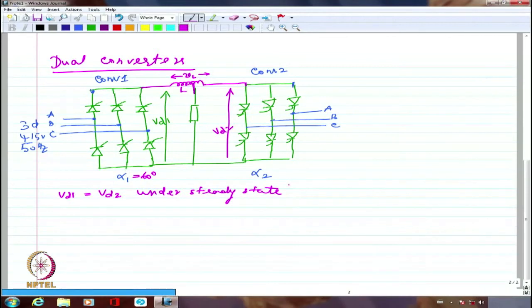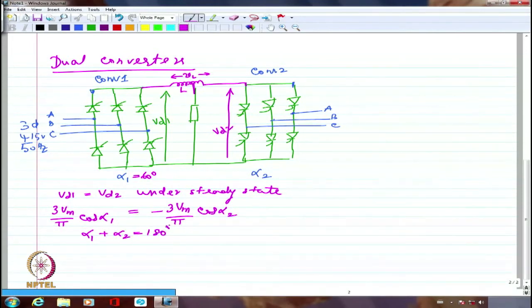So under steady state, this should be true, which means I should have 3 Vm by pi cos alpha 1 equal to minus 3 Vm by pi cos alpha 2. Right? So we wrote the equation cos alpha 1 plus cos alpha 2 equal to 0. So we said alpha 1 plus alpha 2 equal to 180 degrees. This is what we got as the solution for this.